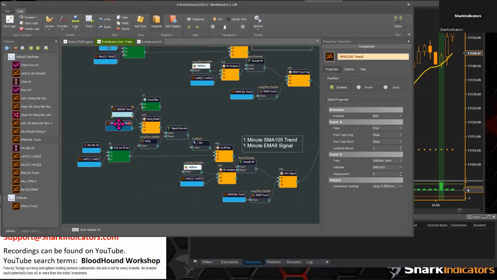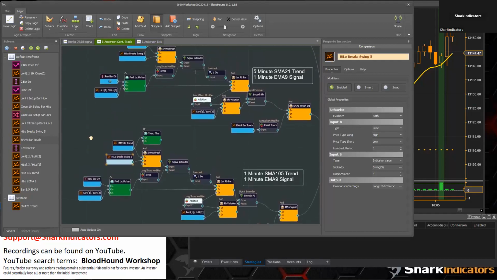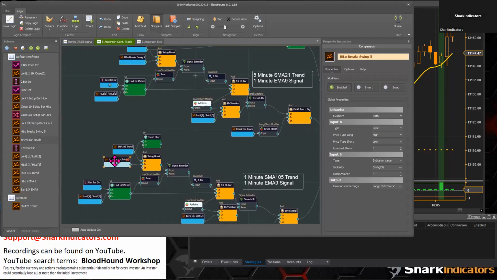So as far as looking for the swing indicator, price breaking the swing indicator, as far as I know, that's always on the 1 minute chart. But if you want to change what time frame the swing indicator is on, then this would also be a critical part.